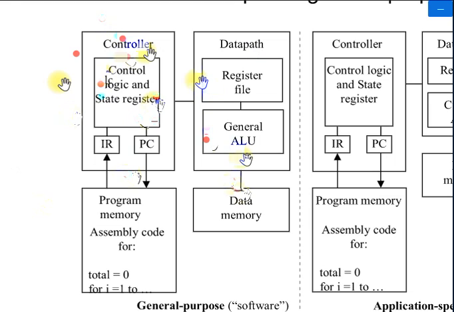So look at this, we differentiate the memory unit into two categories. One is program memory and the other is data memory. In the program memory, the instructions are stored, like the OR operation.